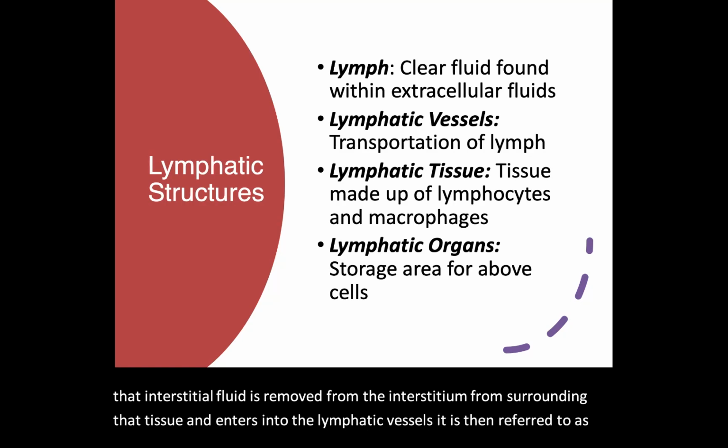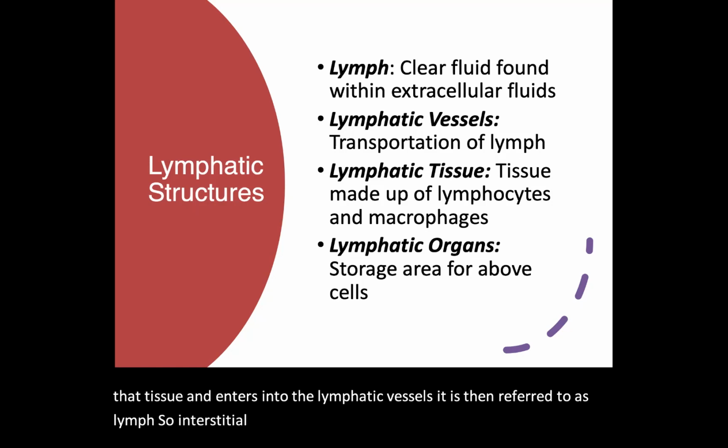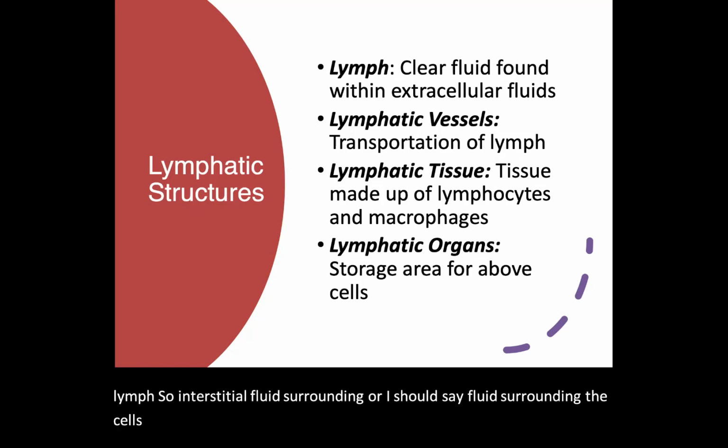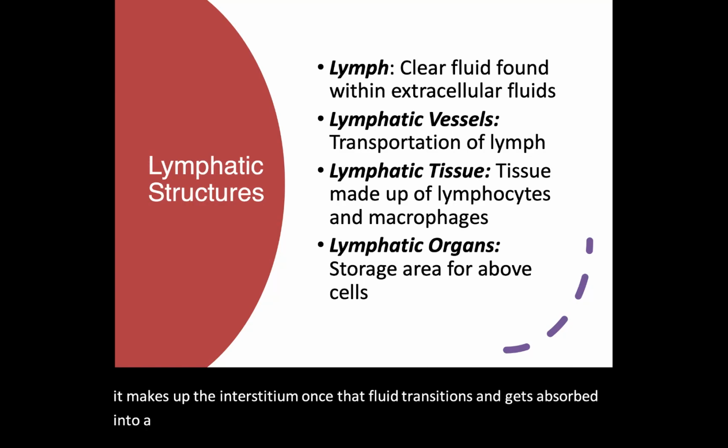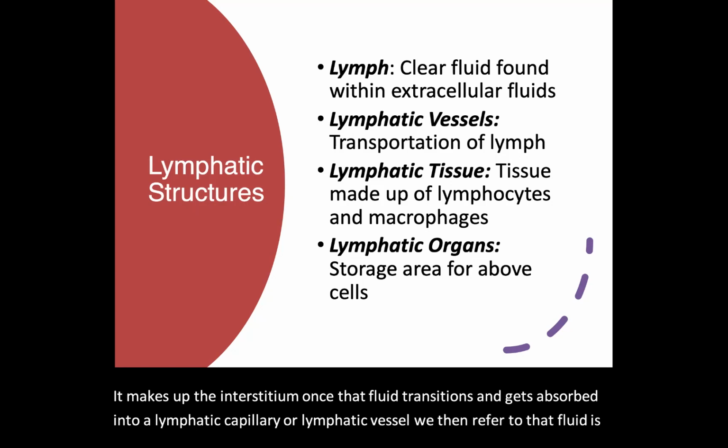So fluid surrounding the cells and the tissues is what we define as being interstitial fluid. It makes up the interstitium. Once that fluid gets absorbed into a lymphatic capillary or lymphatic vessel, we then refer to that fluid as being lymph. All right.